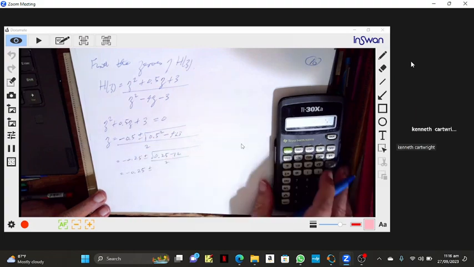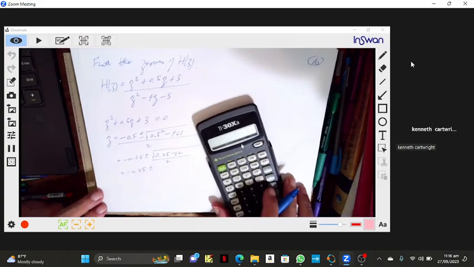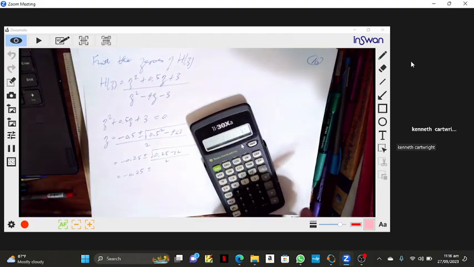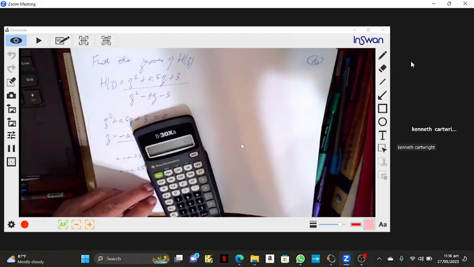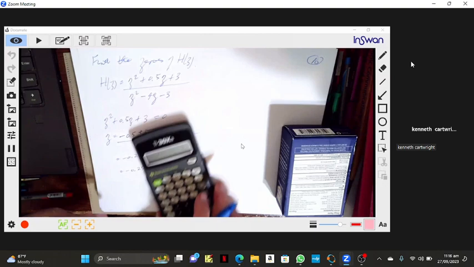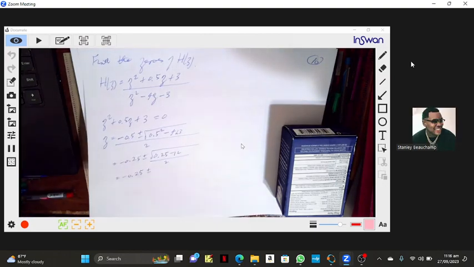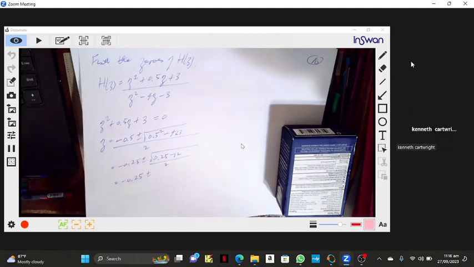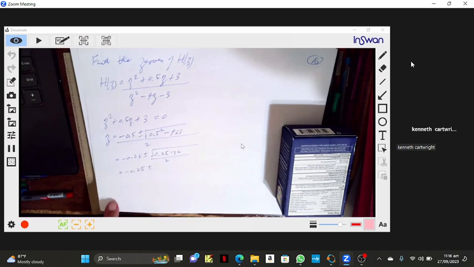What's the numerator equal to? I get 3. You get 3? Oh, no, they're wrong.